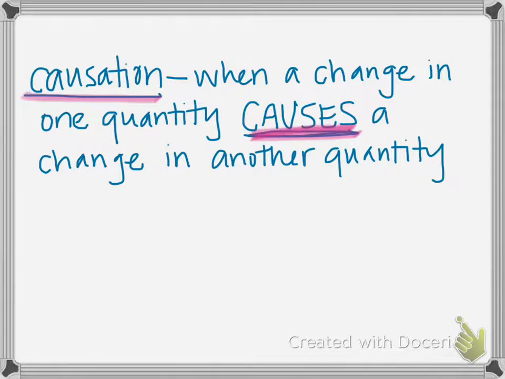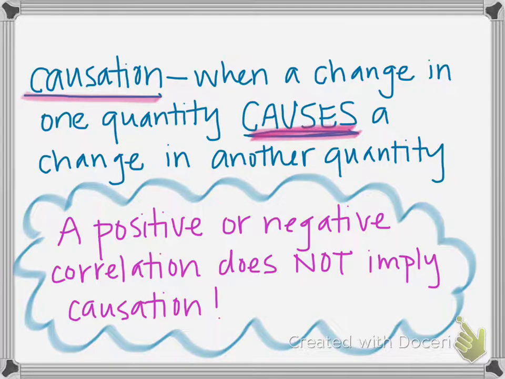It could just be by chance that they happen to move either in the same direction or in different directions. So, write this down. A positive or negative correlation does not imply causation. So just because two quantities appear to have a positive or negative correlation does not mean that one of the quantities caused the other one.